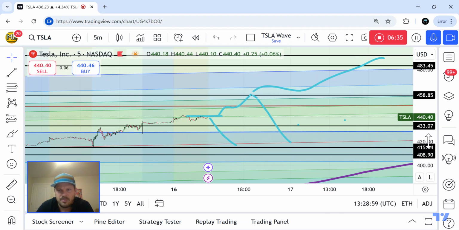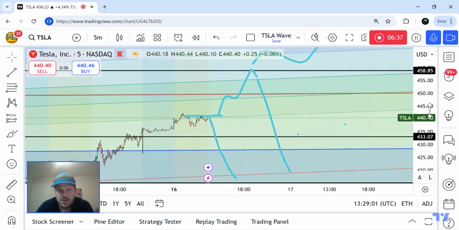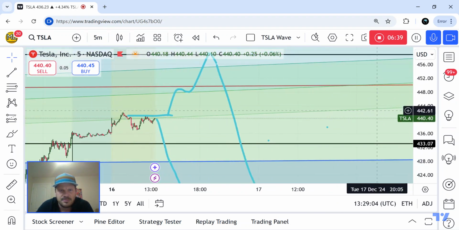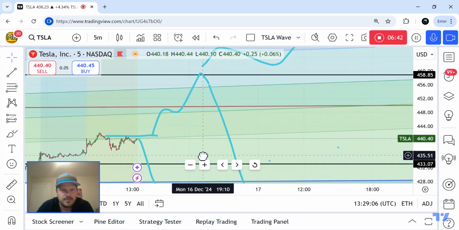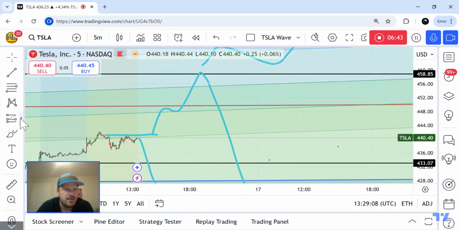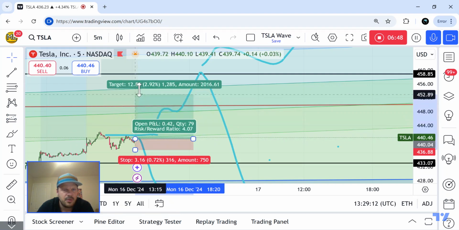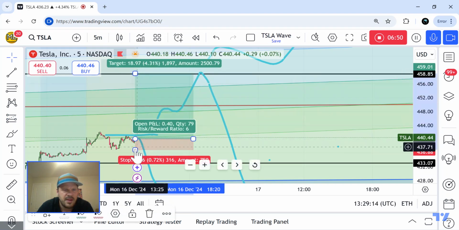So for example, if we do the 458 marker, then the long projection up would be there.